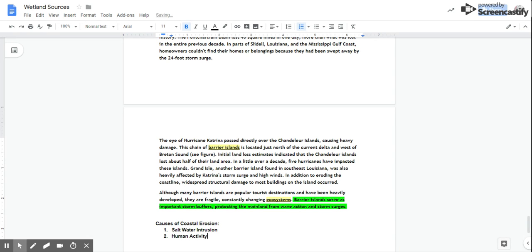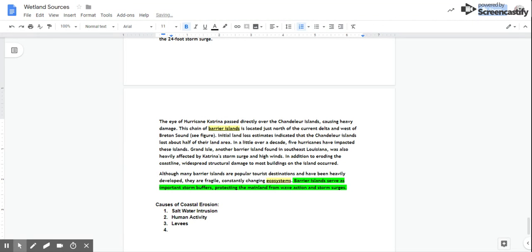We got these oil companies digging these canals, allowing the salt water to come in, right? The next thing we have is levees. Another cause, we have storms. And lastly, we have loss of barrier islands.